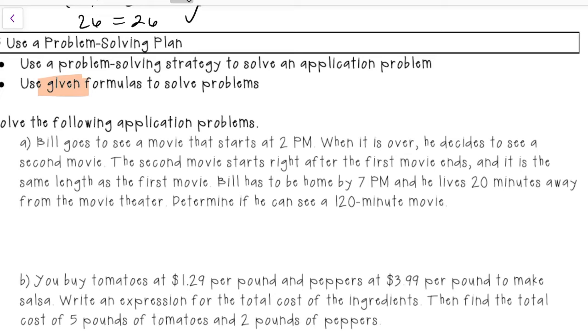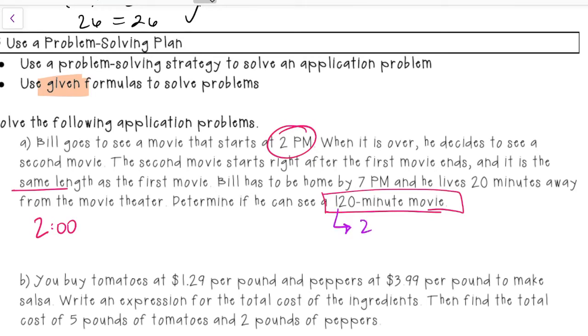So we want to know if he can see a 120-minute movie. Well, we know he's starting at 2 p.m., so it's 2 o'clock. And he sees 2 movies, and the second one starts right after the first one, and it's the same length. So one movie is 120 minutes. Well, 120 minutes divided by 60, that's a 2-hour long movie.